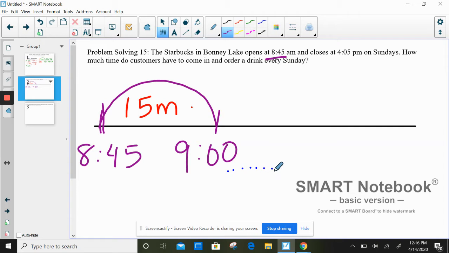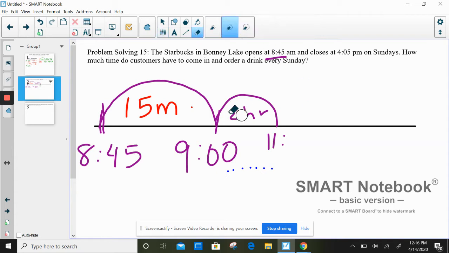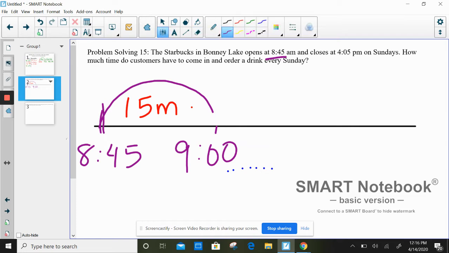Okay, but if you're not there yet where you can look at 9 o'clock and think to yourself, oh, it's 7 hours from 4 o'clock, you could just add 2 hours and 2 hours. So you'd go like this. You'd just do 2 hours and you'd get 9, 10, 11, and so on and so forth. But in an effort to save time, and for those of you who don't need to go that slow, I am going to just jump ahead 7 hours, okay?